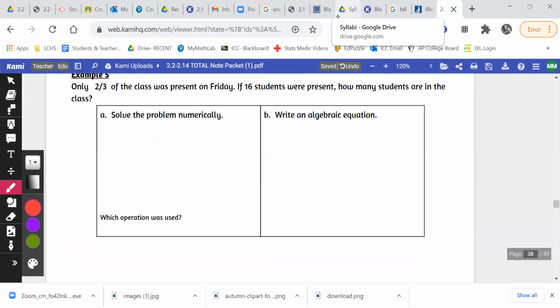The next one says only 2/3 of the class was present on Friday. If 16 students were present, how many students are in the class? So I'm going to have us start solving it algebraically.